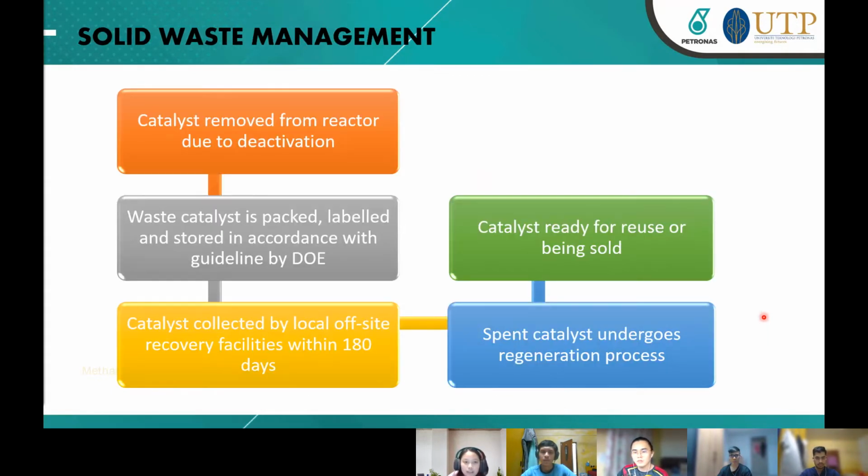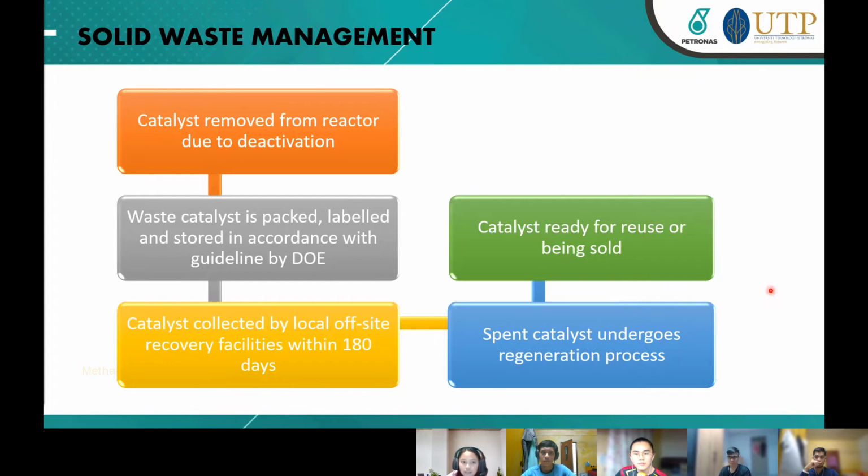Next. Meanwhile, for the solid waste coming from spent catalyst in pyrolysis reactor R201, here is the complete procedure for the solid waste management. First, the catalyst is removed from the reactor after it reaches the activation limit. The spent catalyst is then packed and stored properly in compliance with DOE guideline.